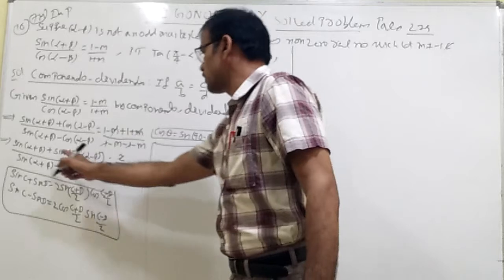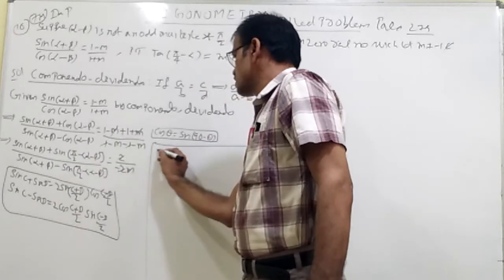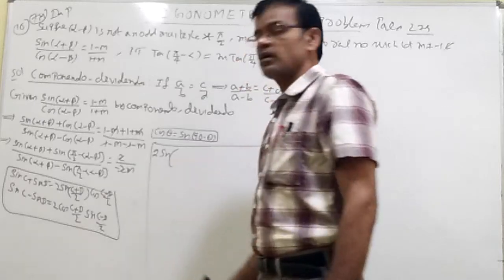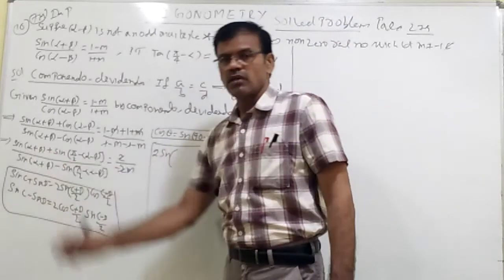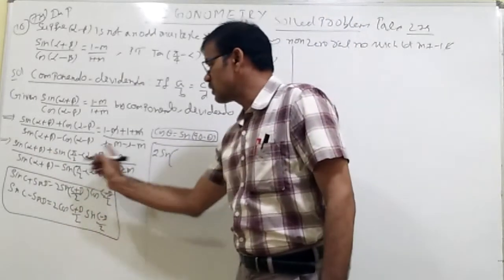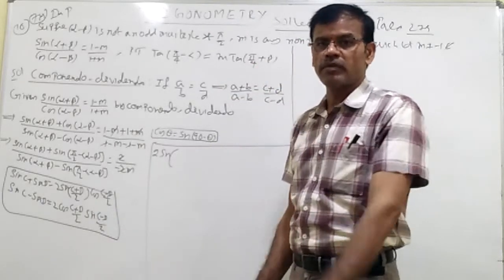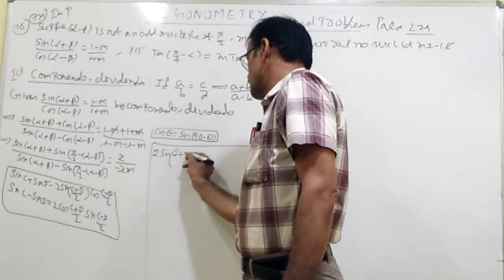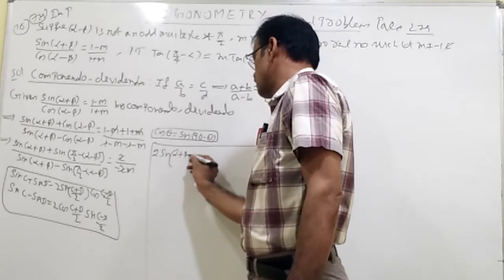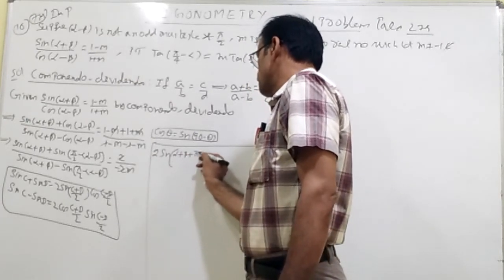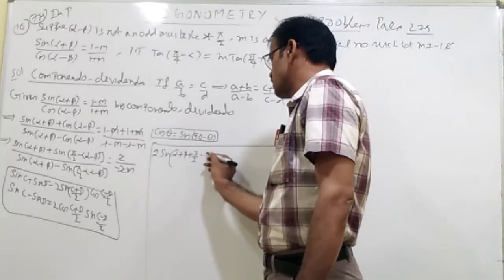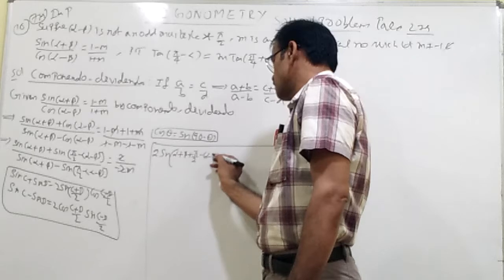I am writing the continuation part here, students. Try to understand. 2 sin c plus d by 2: here c means alpha plus beta, and d means pi by 2 minus of alpha minus beta. So you should write alpha plus beta plus pi by 2 minus of alpha minus beta.